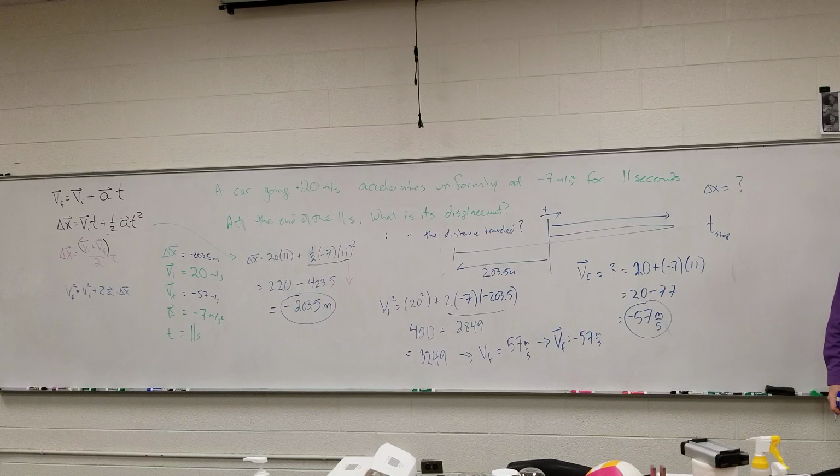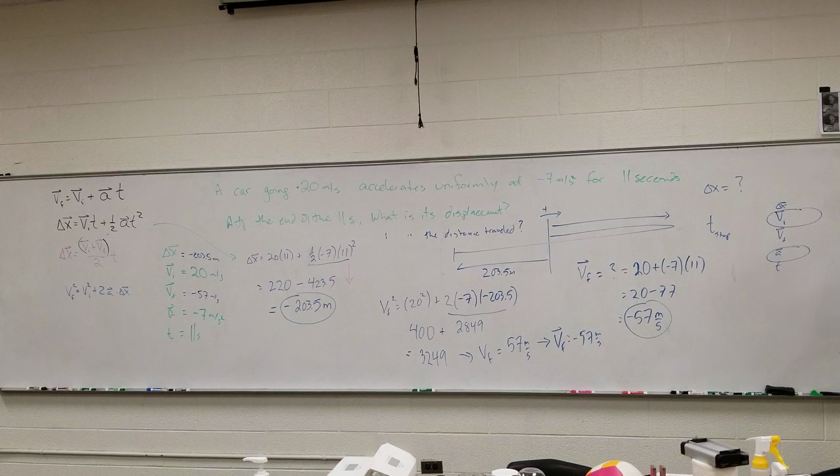What would you use to find the exact number? What do we know? VI, VF, delta X, A, and T. We know acceleration. We know initial velocity.